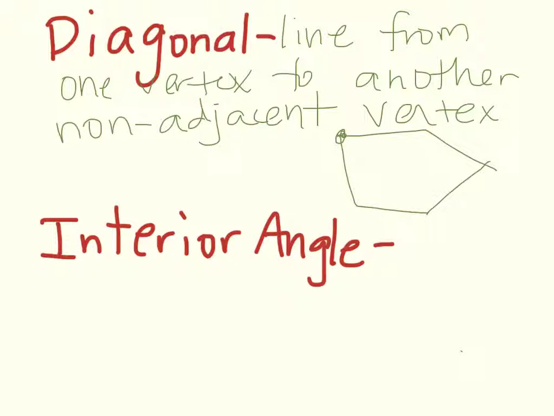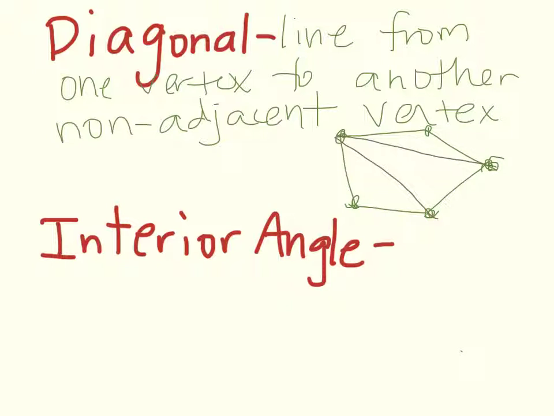A diagonal would be a line to one of the other vertices in that shape, but not one of the vertices that is right next to it. So for example, a diagonal cannot be drawn here to here or here to here. It has to be to one of the vertices that is not adjacent to it. So a diagonal could be here or here.